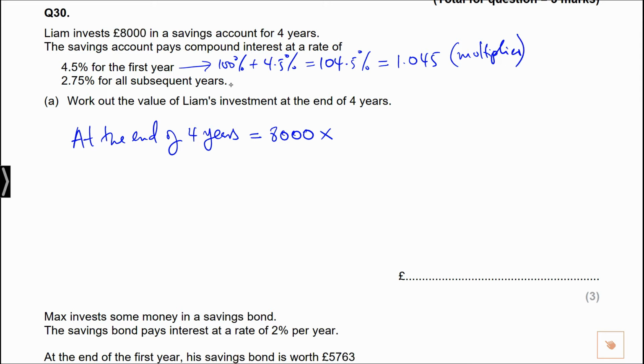The same thing here, you'll have 100% plus 2.75%, which will be 102.75%, which will be 1.0275. Again, that's the multiplier for the subsequent years. And this is happening for 4 years.